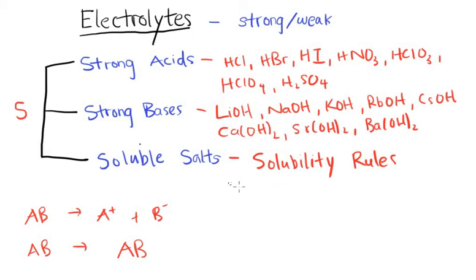So an example of a solubility rule would be like nitrates are always soluble. So there'll be little rules like this that tell us if it's a strong or weak electrolyte.